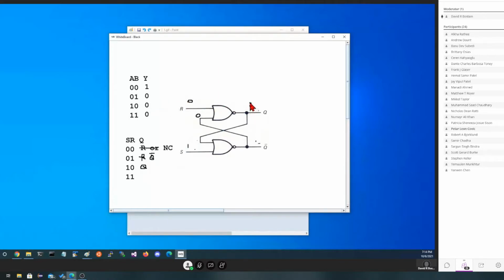I said that backwards. If there's a 1 there, that's going to put 2 1s on this guy. 2 1s give me a 0. These are indeed different. And because they're different and Q is set, this holds true. So if we do nothing to set and reset, there's no change. If we push the reset button, no matter how many times, Q becomes a 0, not Q becomes a 1. If we push set, no matter how many times, set turns on and stays on because not Q will be off.